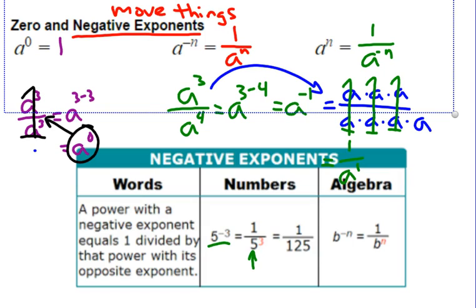Well, 5 cubed we can actually do something with. 5 cubed is 125. So a better way to write that is 1 over 125. The negative moves the power from wherever it is, numerator or denominator, to the other one, and that uses up the negative exponent. It's not a negative exponent.